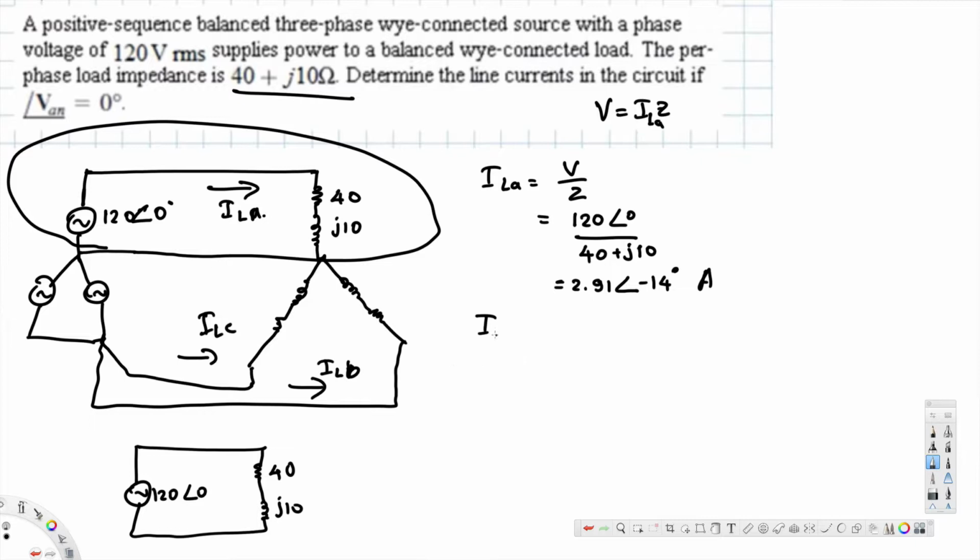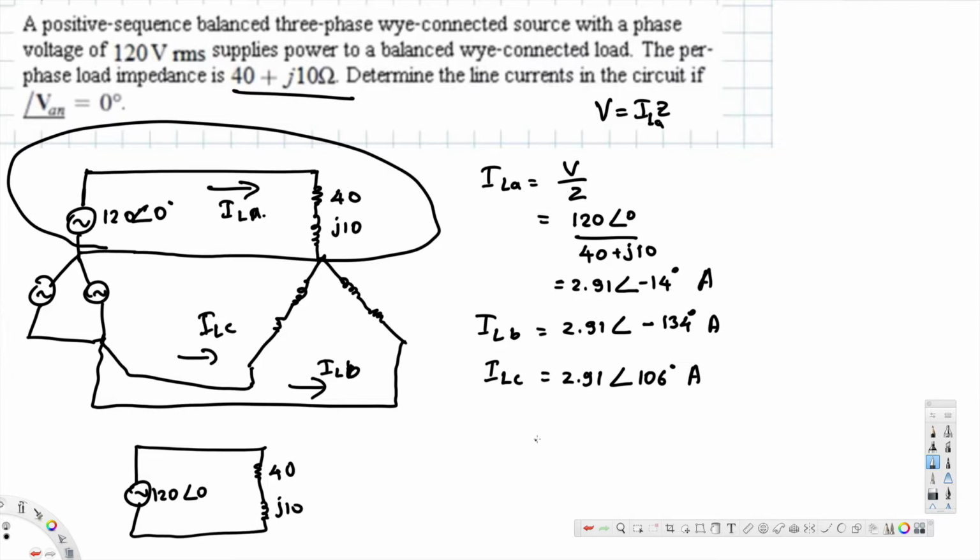Now if you take ILB, you have to just subtract 120 from this. 2.91 angle minus 14 minus 120, that's going to be minus 134 degree ampere, and ILC is going to be 2.91, and if you add 120 to negative 14 degree, that's going to be just 106 degree ampere. Okay, now we calculated ILB and ILC.